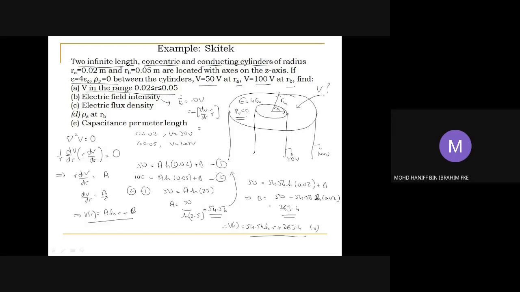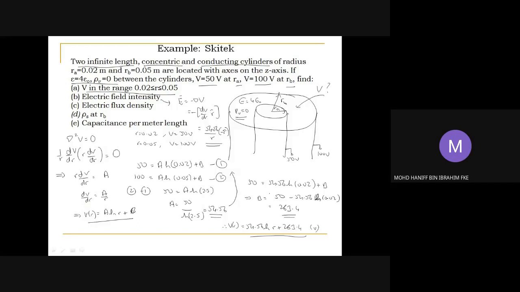If we proceed with this differentiation, we are supposed to get 54.56 divided by r in the direction of negative r. So that should be your electric field in the region between Ra and Rb.